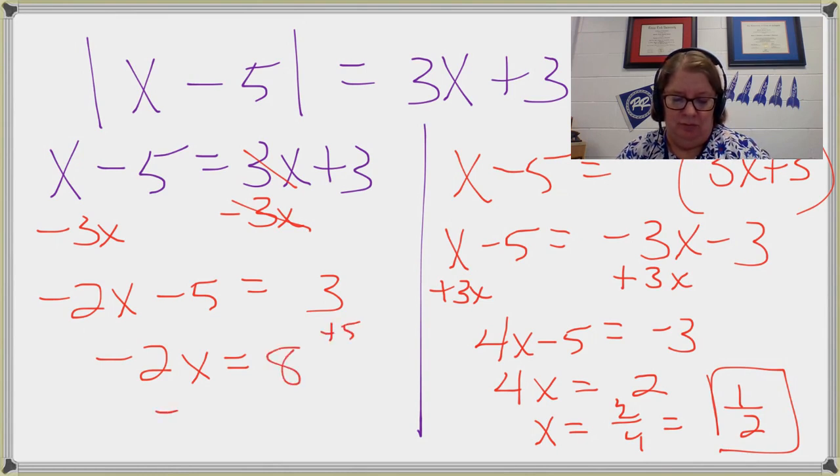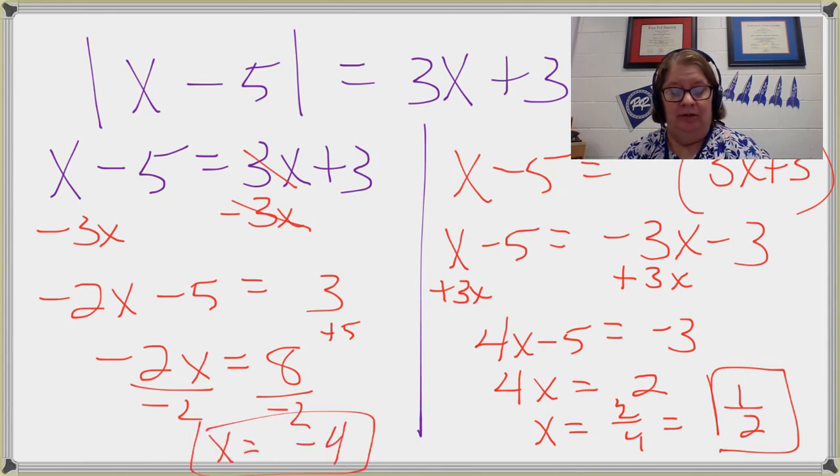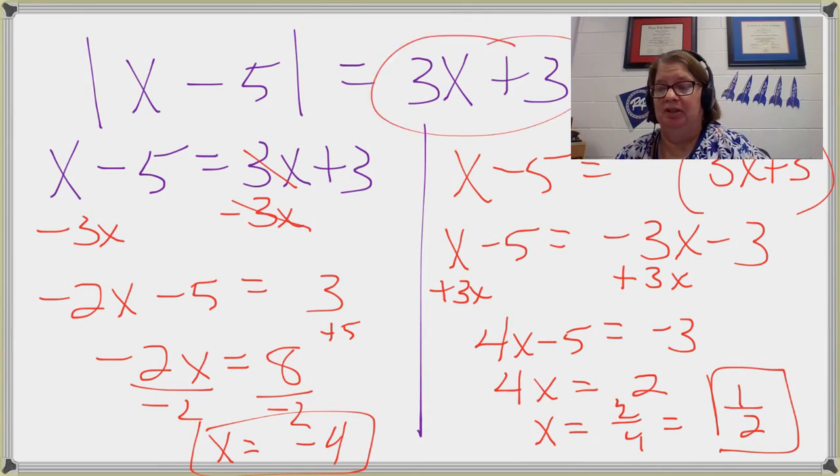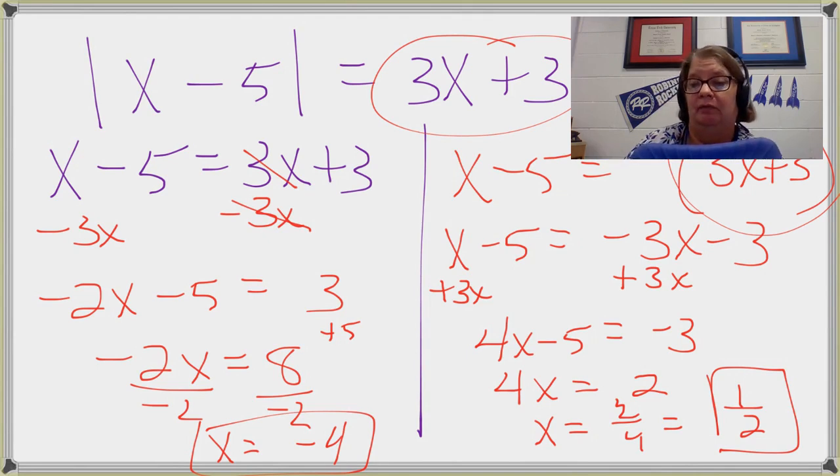Divide by negative 2. There are your solutions. You can plug them back in and check them if you want. We split it. Make sure if you have more than one term over here that you use parentheses and distribute your negative.